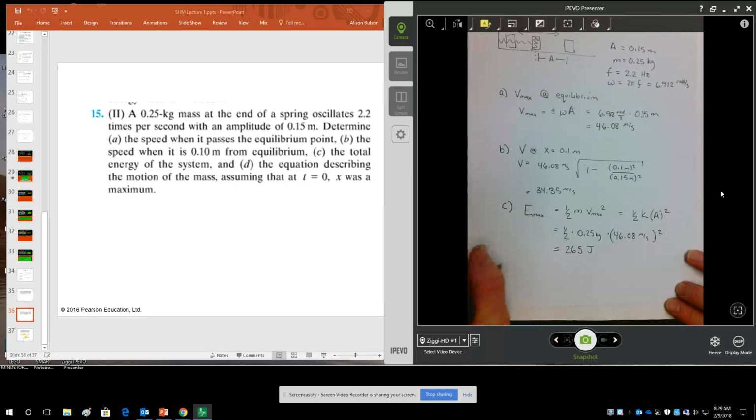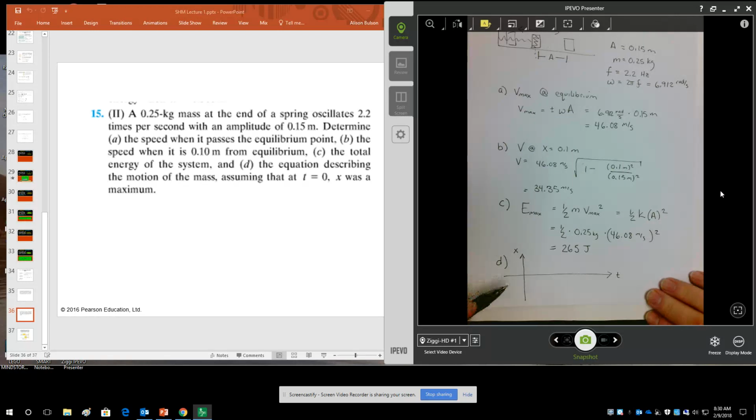Finally, I want to develop an equation describing the motion of the mass. That usually means a position equation. Position with respect to time, assuming that at t equals 0, x was a max. So I'm thinking again about trying to graph it, trying to visualize it. t is on the x-axis. Now I have a horizontal motion, so x is on the y-axis.